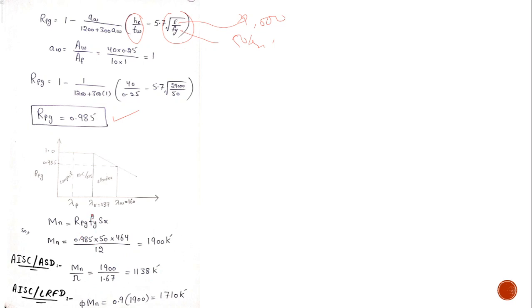If you did not use this RPG, the simple formula would have been phi into Sx. But as the web is slender, we have to reduce this moment. So we multiply it with RPG, and you know that RPG is 0.985.